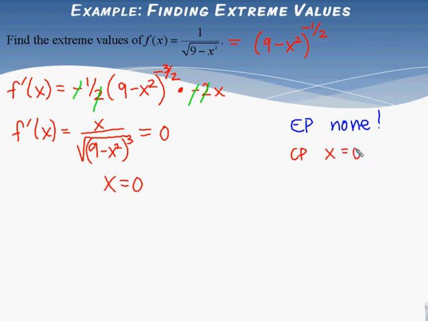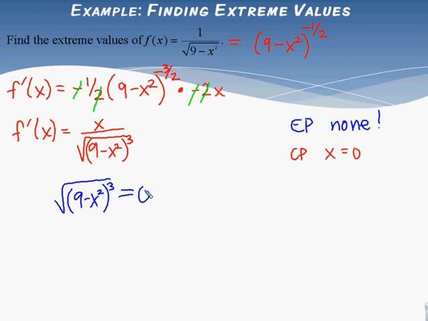Okay? We also have to look at where my derivative is undefined. So we got to take our derivative here and figure out where he would be undefined. In that case, I'm going to take my denominator, which is the square root of the quantity 9 minus x squared all cubed, and I'm going to set that equal to 0. And so when I square both sides, I'll still get 0.